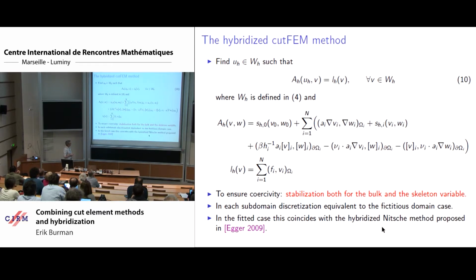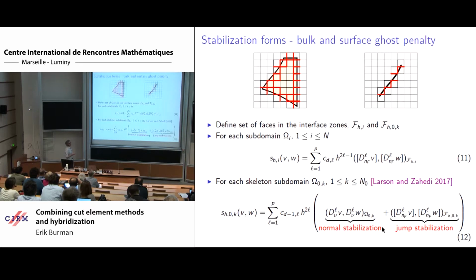And in the fitted case, this coincides with the hybridized Nitsche method proposed by Egger in 2009. So what about stabilization for these now? Well, in the bulk, we'll do exactly as we did in the fictitious domain case, so we don't need to go back to that. But here, we need to do something else. For the traces, there is now also a zoo of different stabilizing operators.